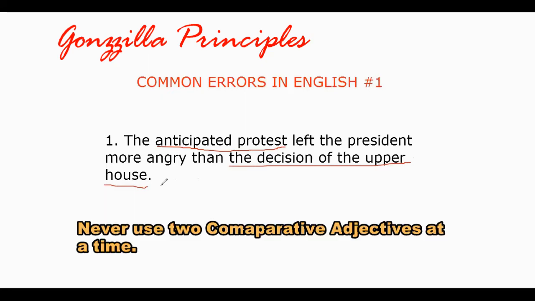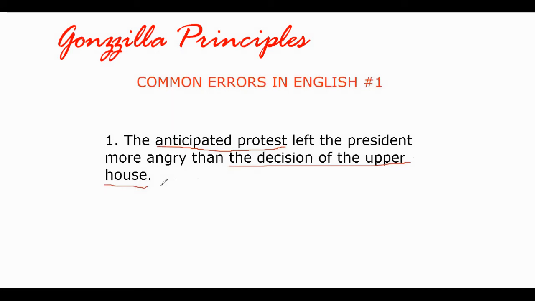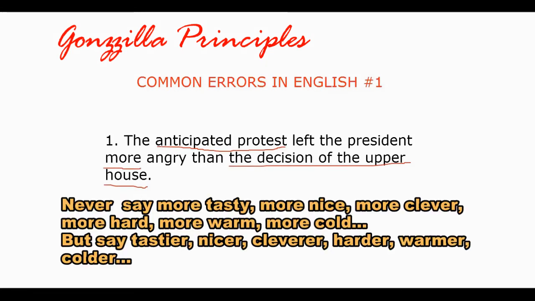But the rule is I must not use two comparatives at a time, or I must not use a comparative marker such as more, which I have here, with an adjective. If an adjective can exist in the comparative form without the marker more, then I should use that adjective in the comparative form.